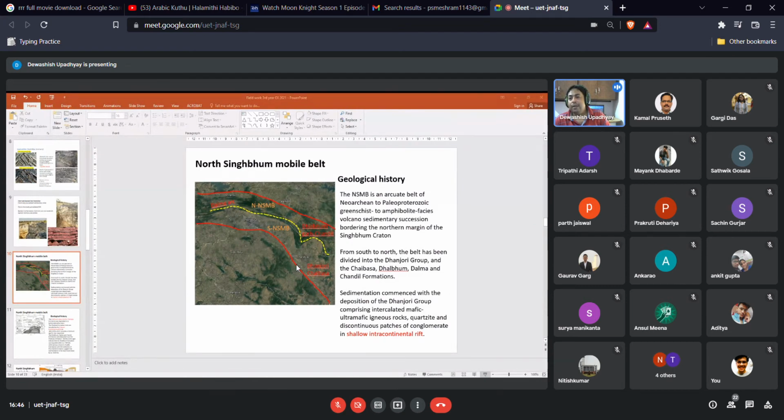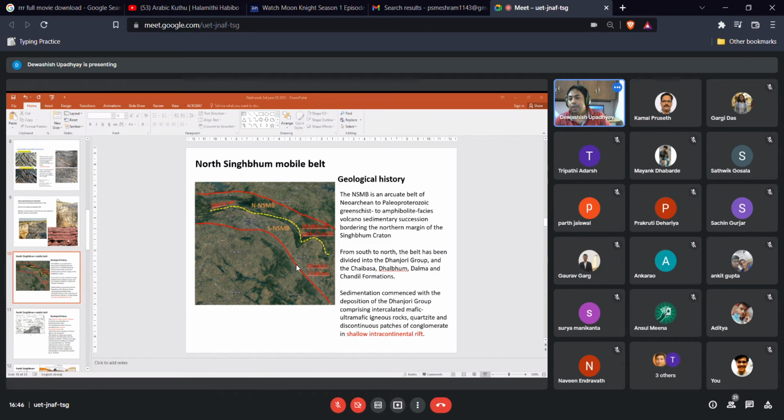After that, you have the Dalma group, which essentially comprises a sequence of meta-igneous and sedimentary rocks, basically volcanic rocks and also some deep ocean sedimentary rocks. This is called the Dalma group. And to the north of the Dalma group, you have the Chandil formations.